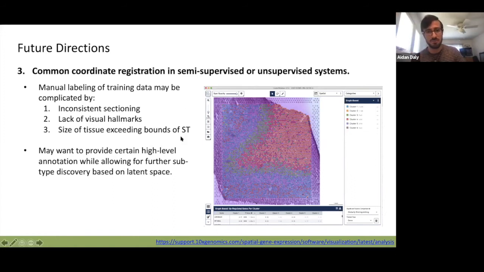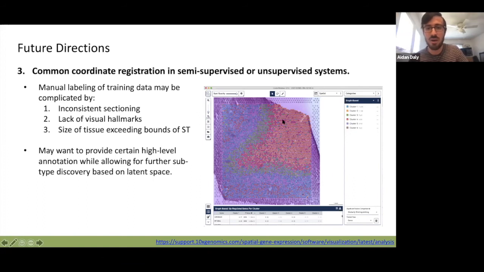These are all true in this human dorsolateral prefrontal cortex sample that we're looking at. Here I've shown a view from the Loupe browser, which comes with the 10x Visium platform, and they've just taken all the expression data at every spot, done a k-means clustering in a reduced dimensionality space, and mapped it back onto the tissue.